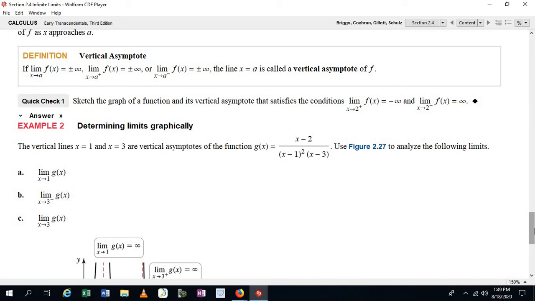The definition of a vertical asymptote is essentially: if you have any one of these limits as x approaches a that are equal to infinity or minus infinity, regardless of whether it's two-sided, from the left side, or from the right side, then the number that x is approaching, x equals a in this case, ends up being what's called a vertical asymptote.